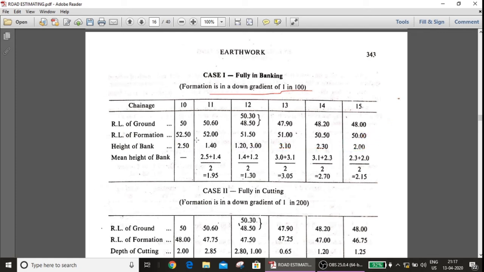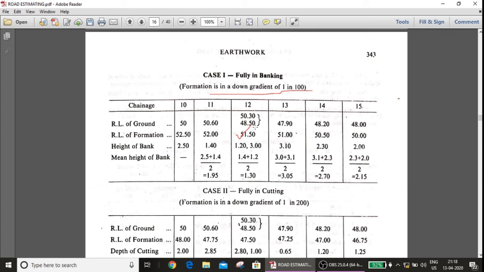So 52.50, then with the downward gradient of 1 in 100, 52, 51.50. Then the height of the bank is 2.50. So 1.40, 52 minus 50.60. Here 51.50 minus 50.30, you have to take as one height of the bank.